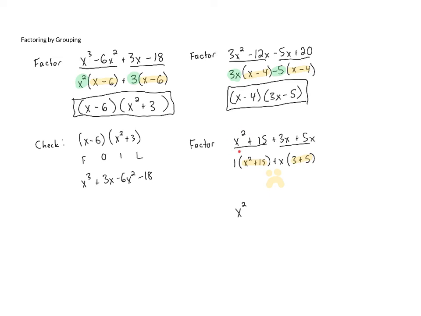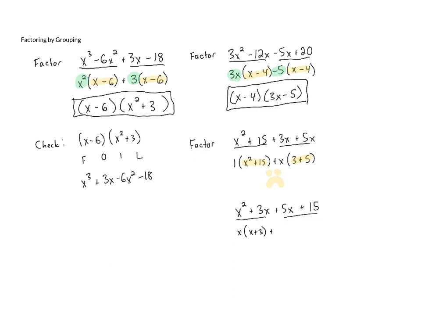So that x squared is going to come first. Then the x terms are going to come next, and the order doesn't actually matter, plus 3x plus 5x. The constant term goes at the end. And once we've done this, we now are in a place where grouping's going to work. If we put these into groups and factor the first group, the GCF is x, leaving us with x plus 3 in parentheses.